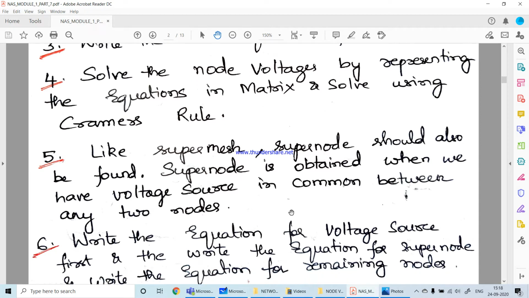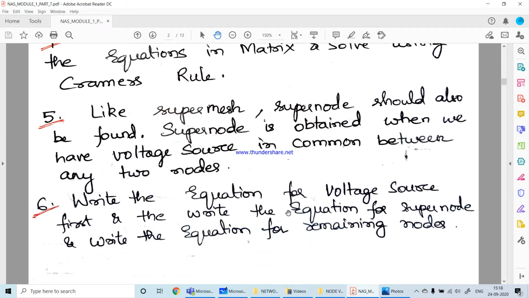So if you find a super node, then the first job you need to do is write the equation for the voltage source that is connected between those two nodes, which is called a super node. Then after writing the equation for that voltage source, we need to write the equation for the super node, and then finally you write the equation for the remaining nodes which are not a part of the super node.